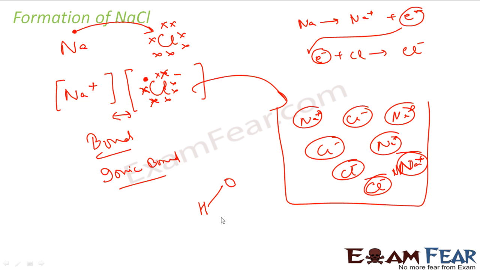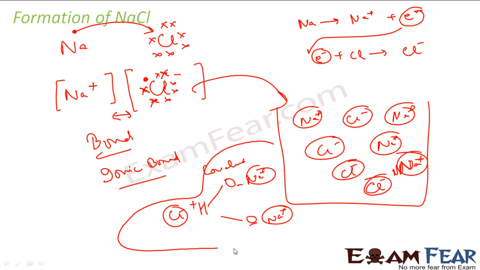Why it becomes ions, maybe I'll explain. This H2O is like this, and in this case there is sharing done. This is an example of a covalent bond actually. So this end is slightly positively charged, this end is slightly negatively charged. So this one attracts the chlorine and this one attracts the sodium, and that's the reason why the ions break.